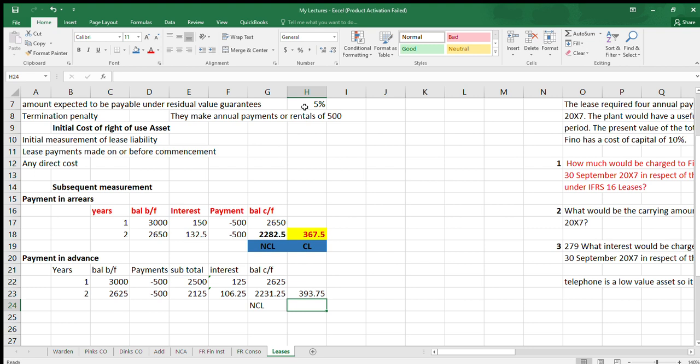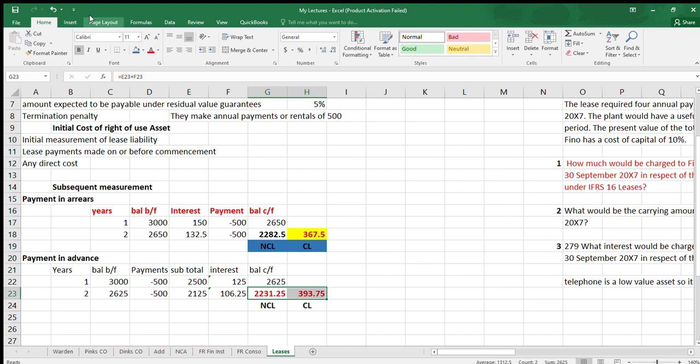So this one is current liability, and this one is non-current liability.